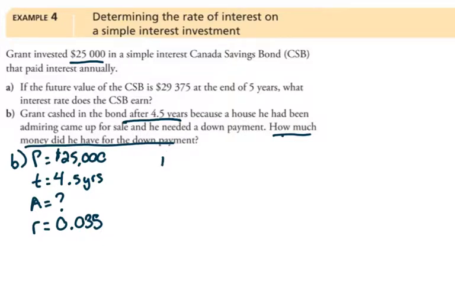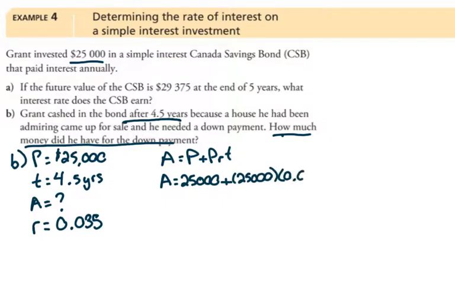Knowing that we're trying to solve for A, we know that A equals P plus PRT. Substitute in. P is 25,000 plus 25,000 again. R is 0.035. T is 4.5.